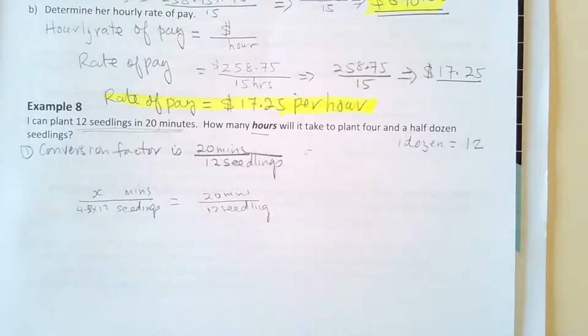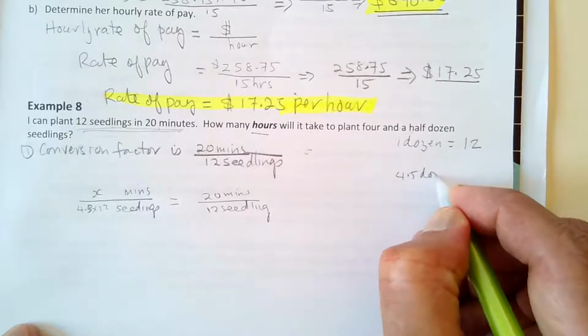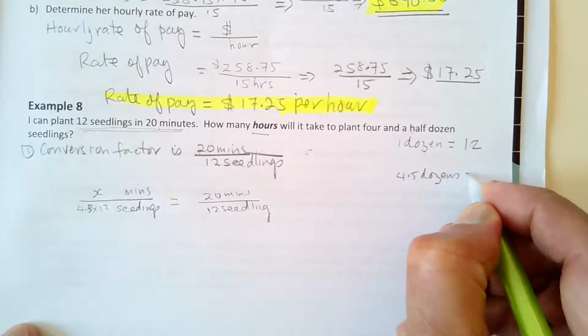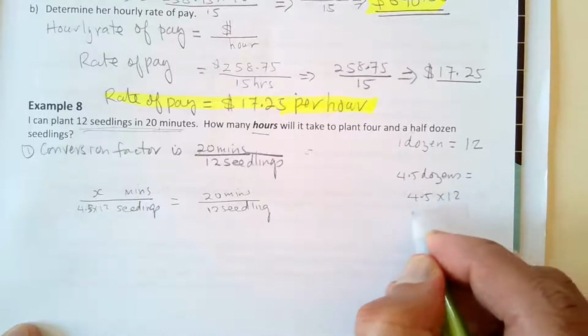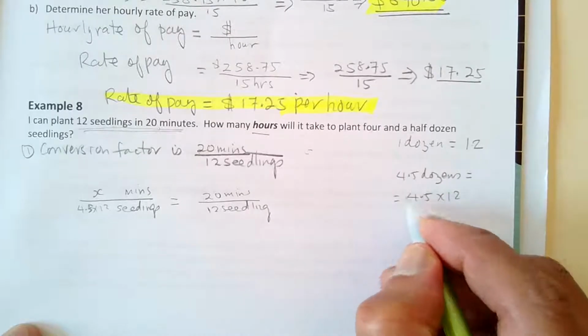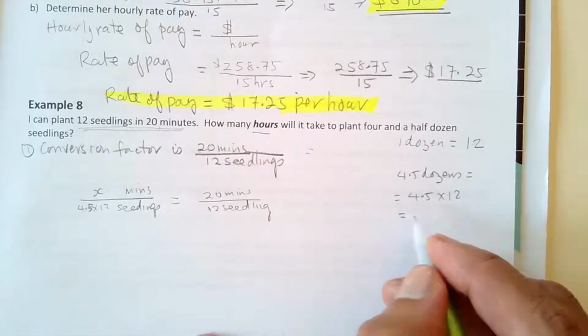We want x minutes here. Remember, 4.5 dozen is equal to 4.5 times 12. And that will give us 54.